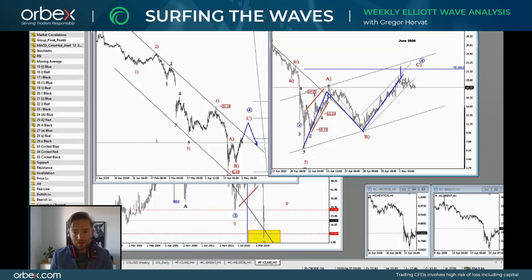Wave C is still not showing enough evidence to say the top is in place, but if we start to see a drop below this first swing support here, around $16.40 per barrel, and you see a daily close below this level, then I really would not be surprised to see more damage in days ahead, meaning that commodity currencies could really stay under pressure, especially Mexican peso and Canadian dollar.